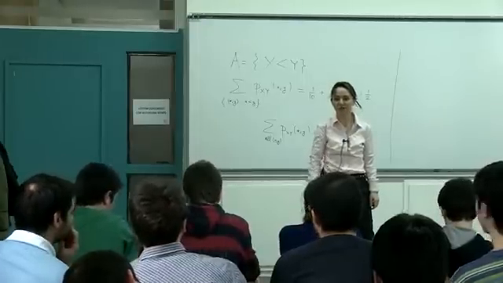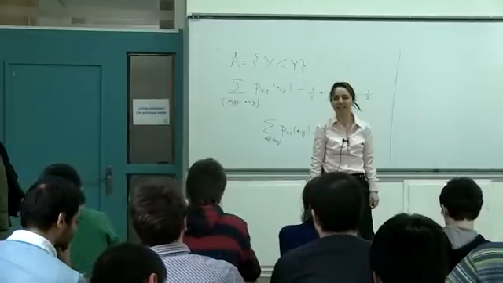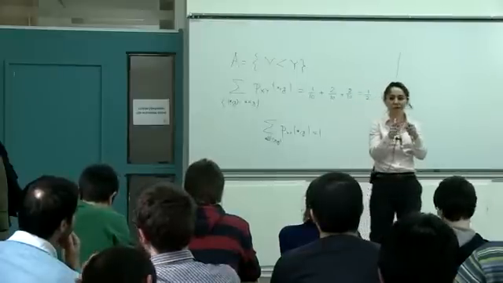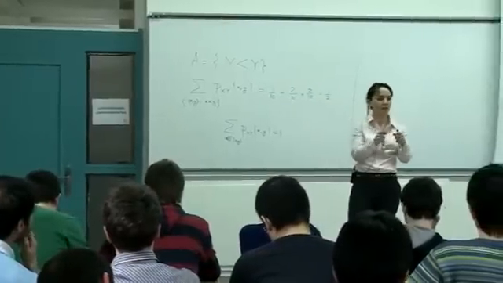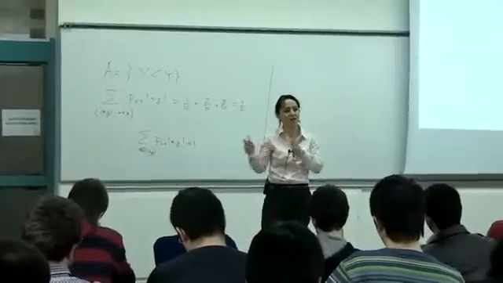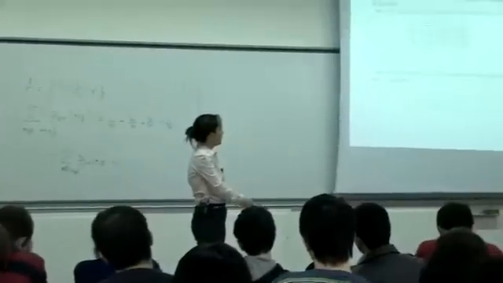We have two different random variables. Okay, so for each pair of values x, y, the probability that the first random variable takes the value x, while the second random variable takes the value y, is the joint PMF of x and y.